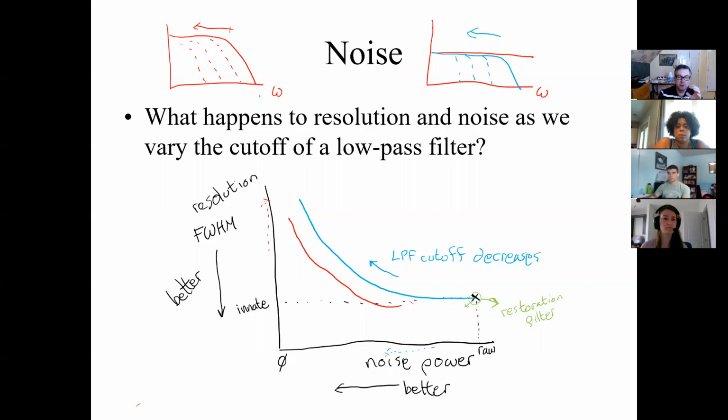Or I could do it with an image in general, an image and a separate image of noise, and demonstrate this as we run through different cutoffs of the low pass filter. That's what I would do if I had the time to do it. Is that fair?